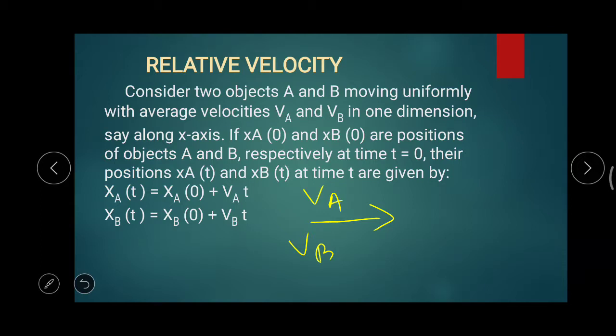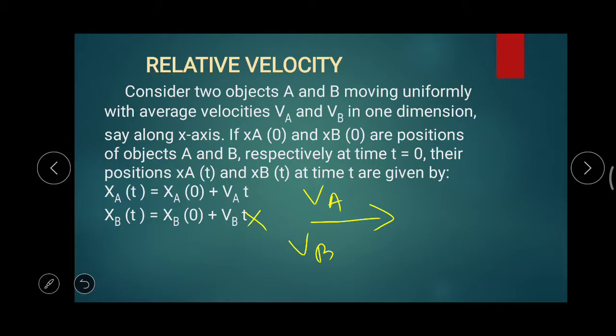So XA0 and XB0 are the initial positions of the objects A and B. Let us take the initial positions to be the same, that is, XA0 and XB0 are at 0. Now suppose body A is moving with a larger velocity and B is moving with a smaller velocity.